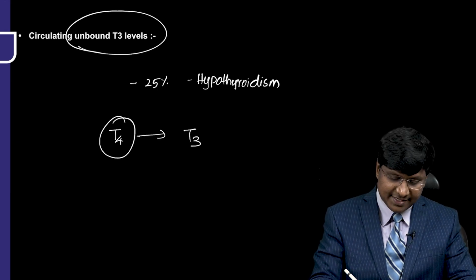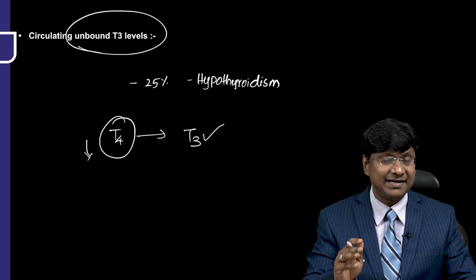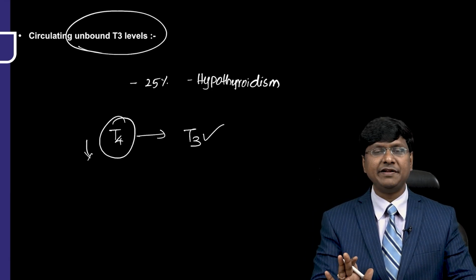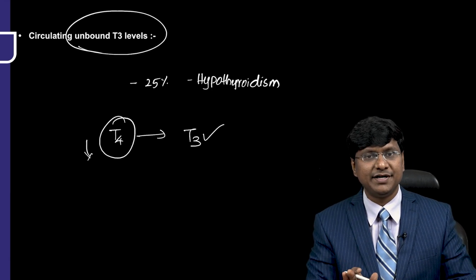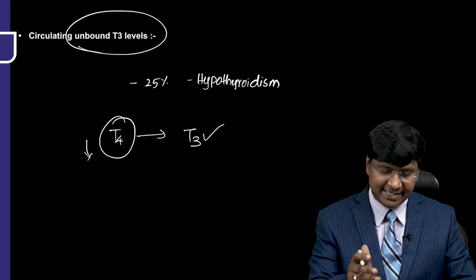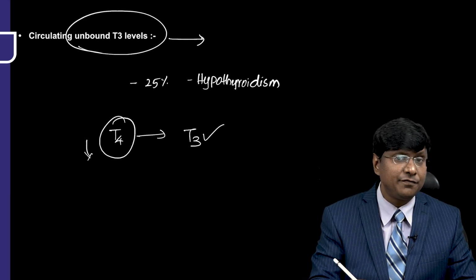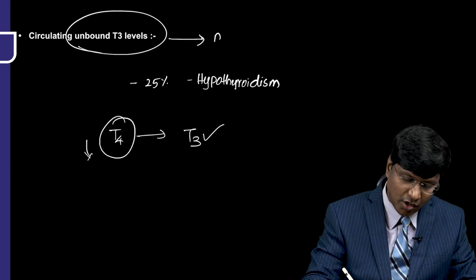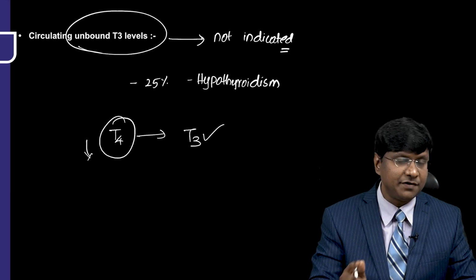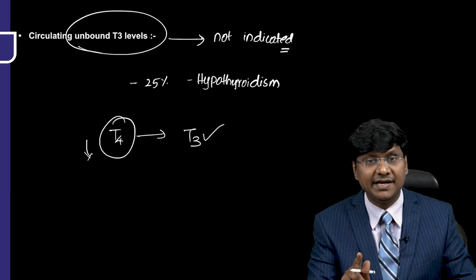So the T4 reserve will be reduced, but T3 will remain normal. That is the reason why in 25% of patients with hypothyroidism, free T3 levels may appear normal. That is the reason why measurement of T3 is not indicated.